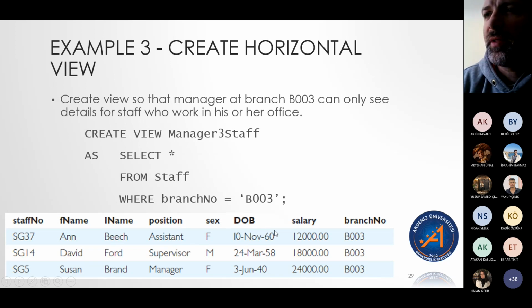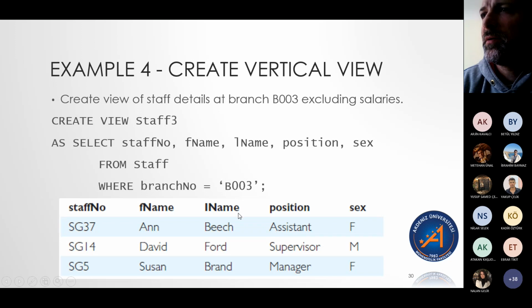I know salary and birth date were not included. Position is included. Okay, so staff people at branch 3 can see other information about other staff people at branch 3, but they can't see things like their salary. Okay, which is very common in business, to not allow you to see other people's salary.